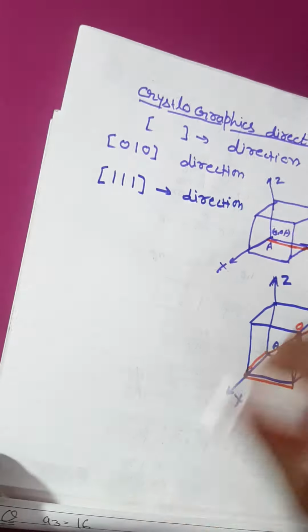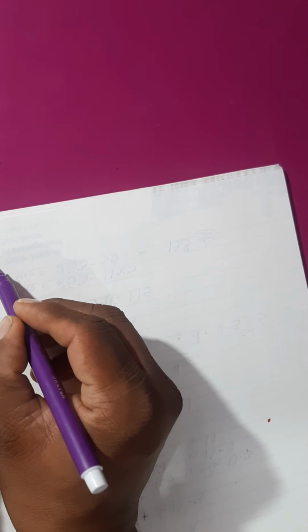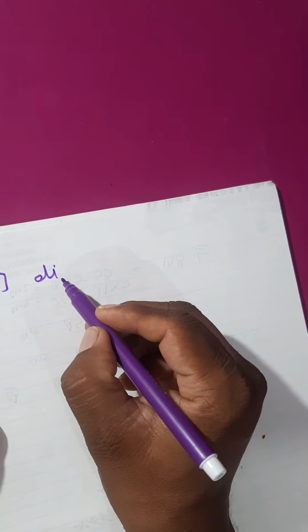Now consider another example. Suppose we are given 0, 1, 1, and we have to find out the direction of the given Miller indices.